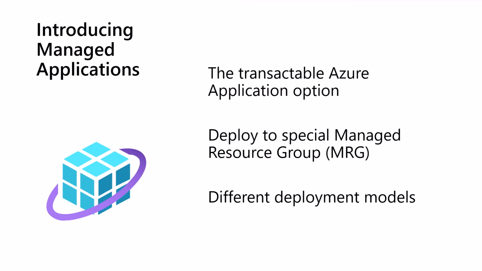Now, speaking of that MRG, or Managed Resource Group, let's have a look at the Managed Application Deployment Model. Let's walk through a visual on what's deployed with a managed app and how to make the MRG more concrete. When a customer purchases the managed application, two things are deployed into the customer's tenant under the customer's subscription.